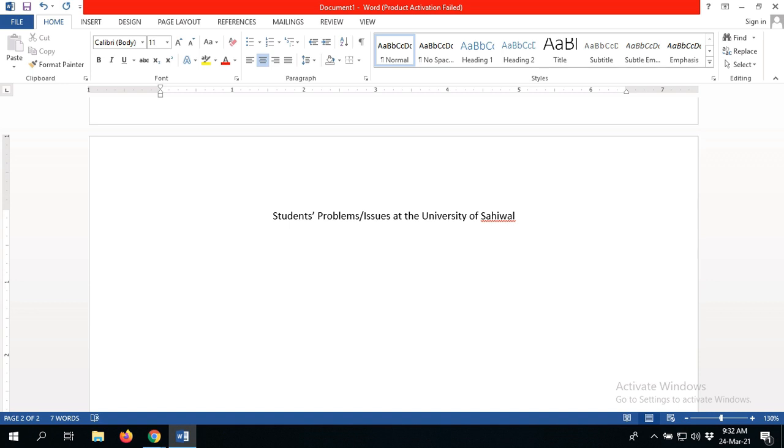They might tell you that there might be poor parking facility. So this could be one symptom. When we talk to the students, they say poor parking facility.